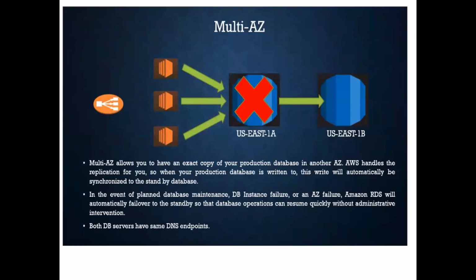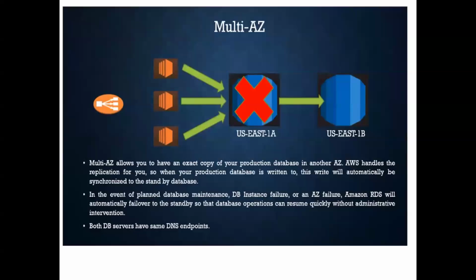In the diagram, you can see very clearly that US East 1A is the database we have. If we enable the Multi-AZ option, then the database will also be replicated to another availability zone, not region, because US East itself is the region.